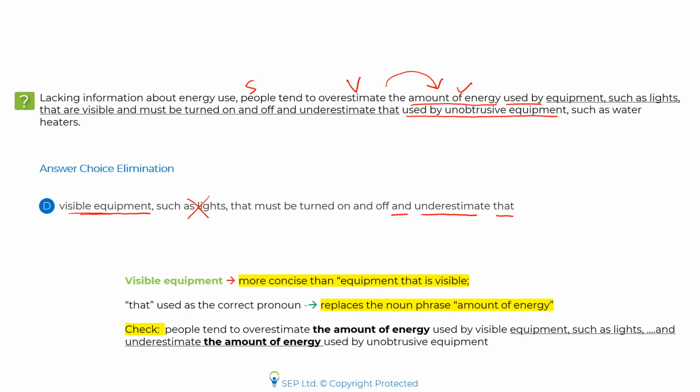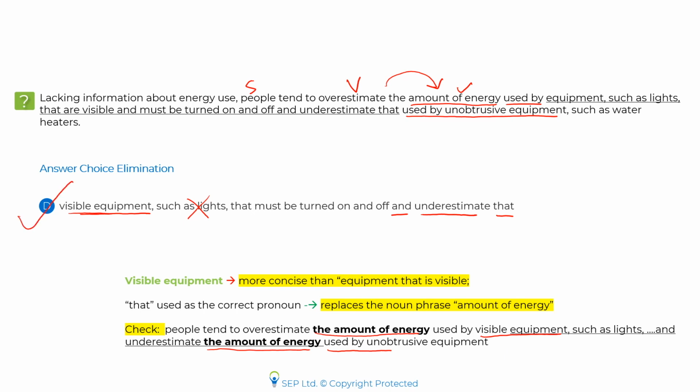How do we check that "that" is replacing the correct noun phrase? You can replace the "that" with the noun or noun phrase you think it is referring to and check for the correctness, as we have done in this case. People tend to overestimate the amount of energy used by visible equipment and underestimate the amount of energy used by unobtrusive equipment, that is, unnoticeable equipment.